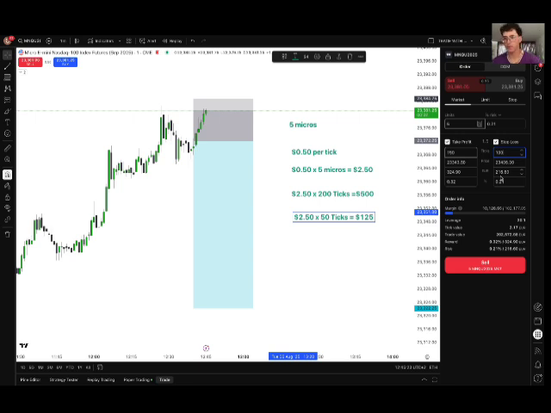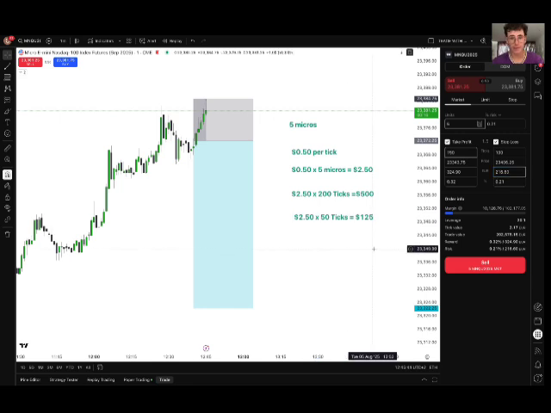Wait, give me a minute. Yeah, because it's $250 and then it comes to 116 euro because you simply change it from dollars to euro. So yeah, exactly.